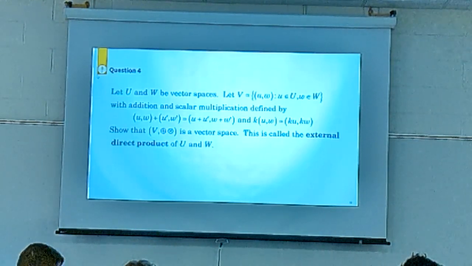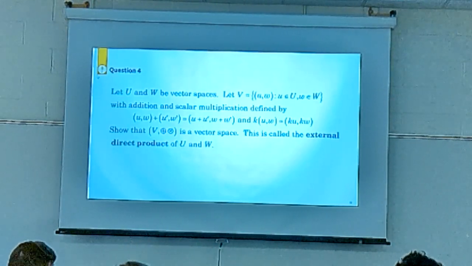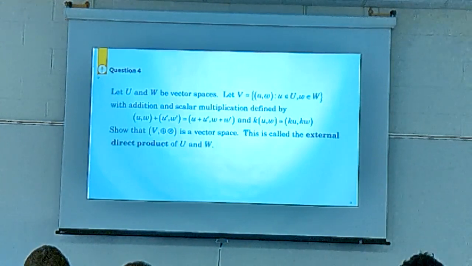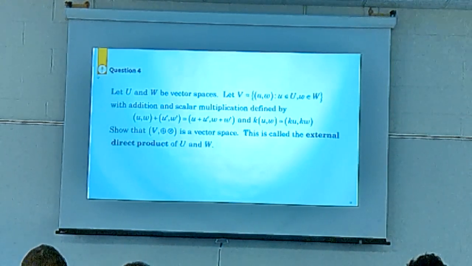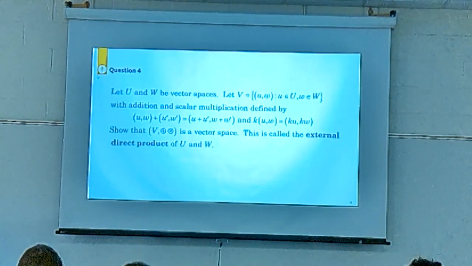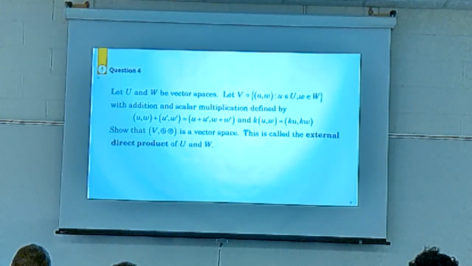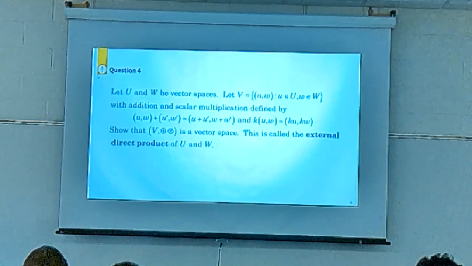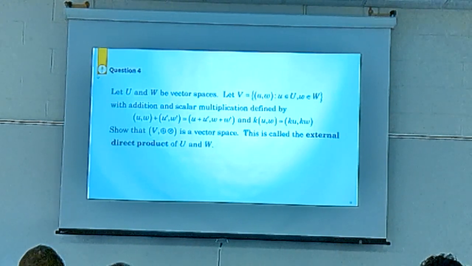The external direct product of U and V. Or of U and W. Right, so if you define a vector space as the set of ordered pairs (u, w), where u is in a vector space U and w is in a vector space W, that is a vector space, and that is called the external direct product. What's the apostrophe?